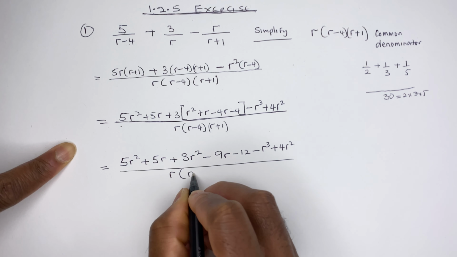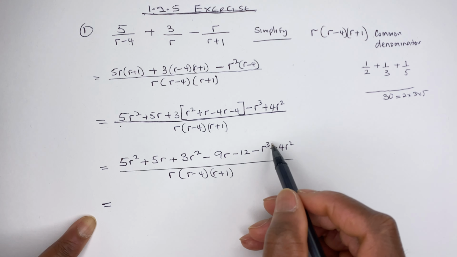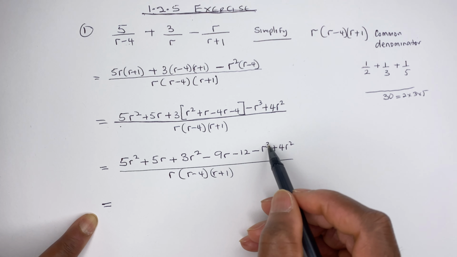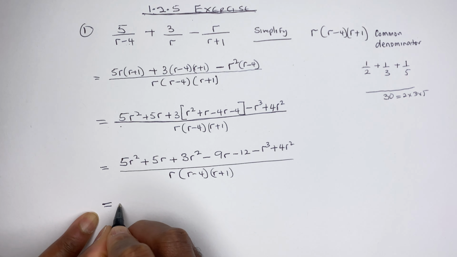Now what I need to do here is to basically simplify. We need to write the polynomial on top in standard form, which means we always write the highest exponent first. The highest exponent here is 3. Exponent is the power. So it's minus r cubed, followed by the next highest exponent, so it decreases to the right.